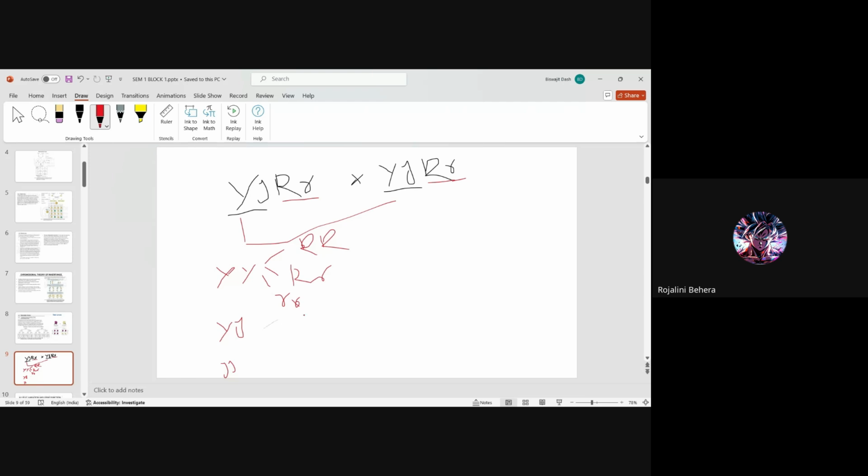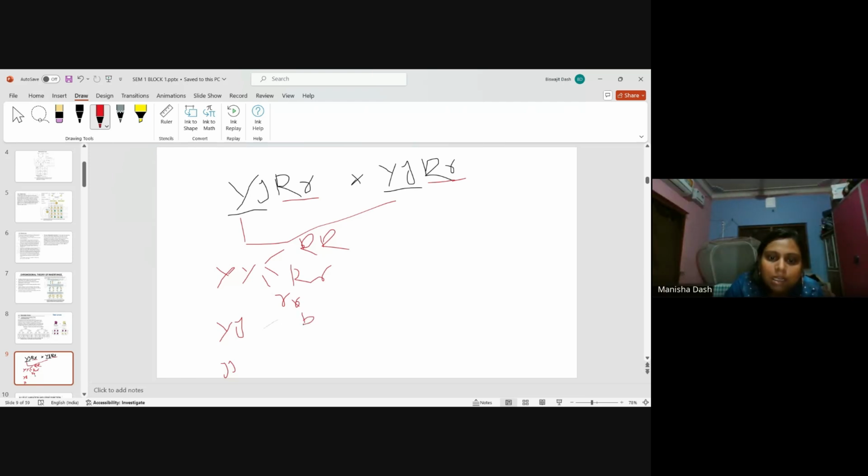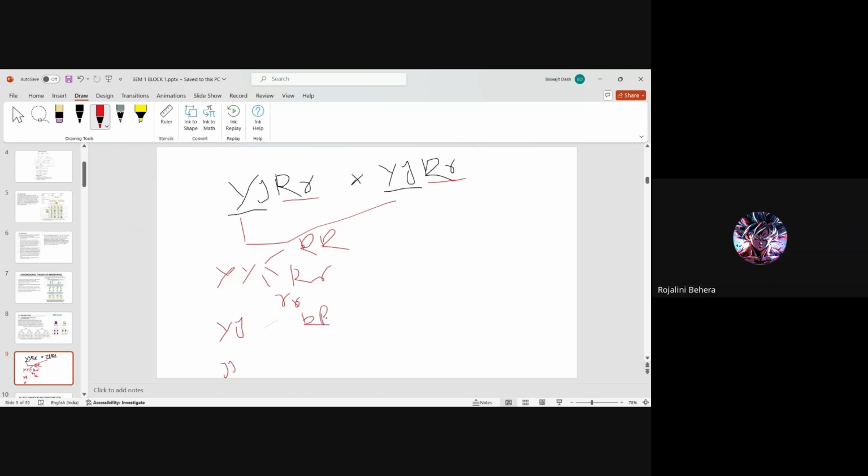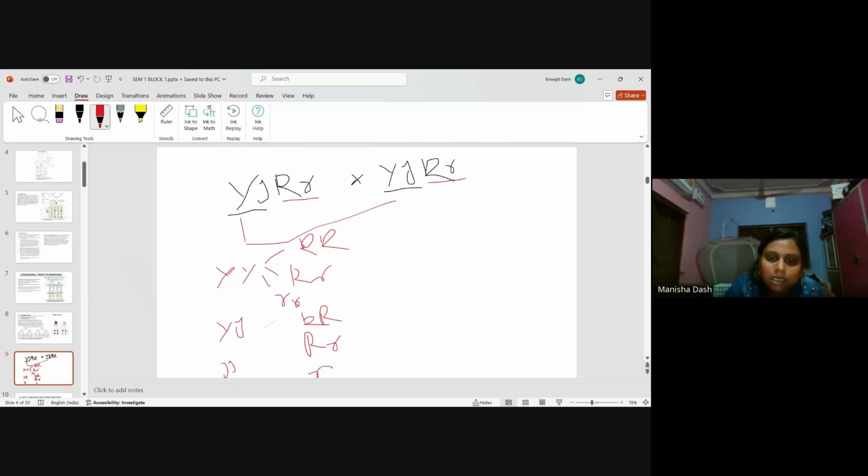So here also we will have capital R capital R, capital R small r, small r small r. Now if you remember the monohybrid cross, Y, capital Y, small y, the frequency of capital Y capital Y will be 1.